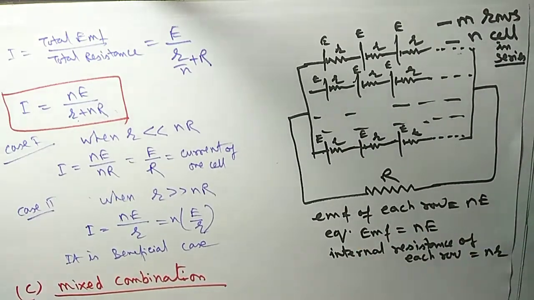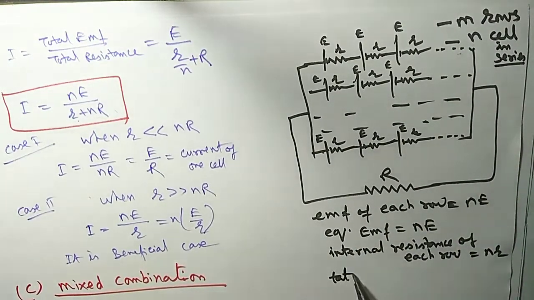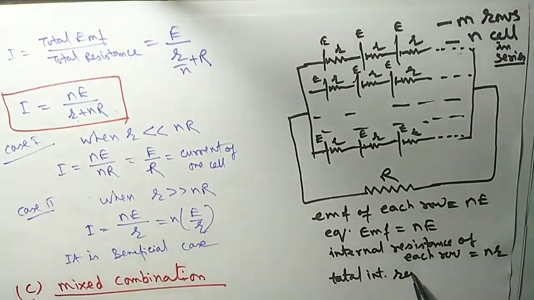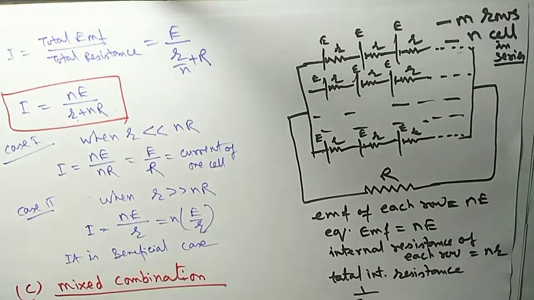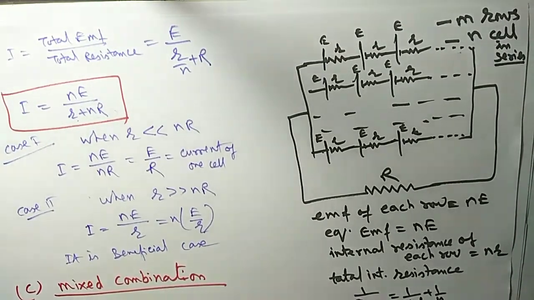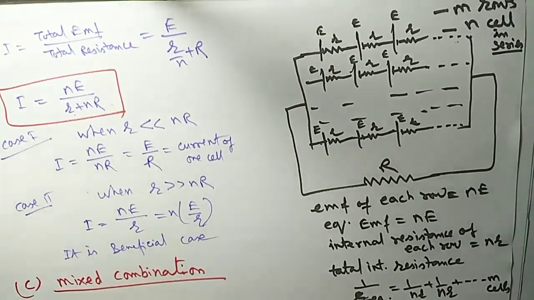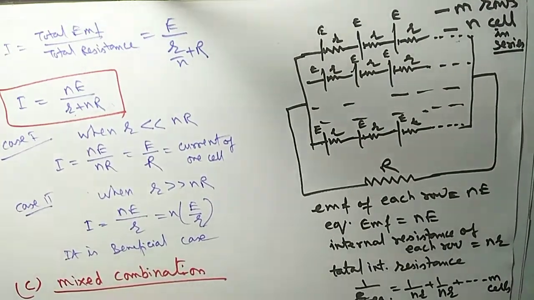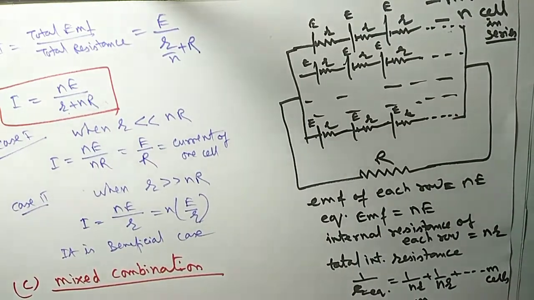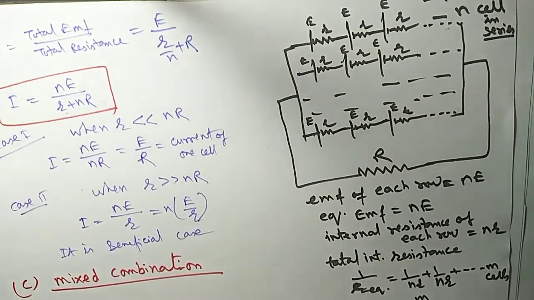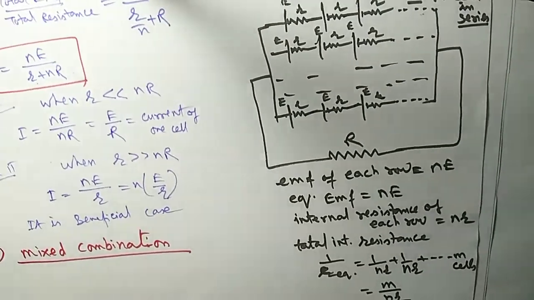Now which are in series, so the total internal resistance, because all are in parallel, na, so 1 upon R equivalent is equal to 1 upon nr plus 1 upon nr. So we can say the m rows in parallel, so it is equal to m upon nr. Is it clear? So it means R equivalent is equal to nr upon m. I think it is clear.